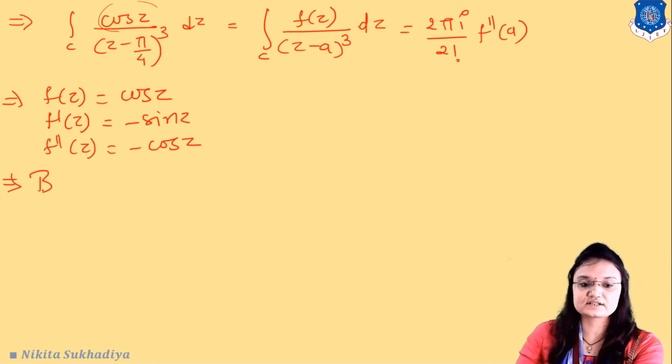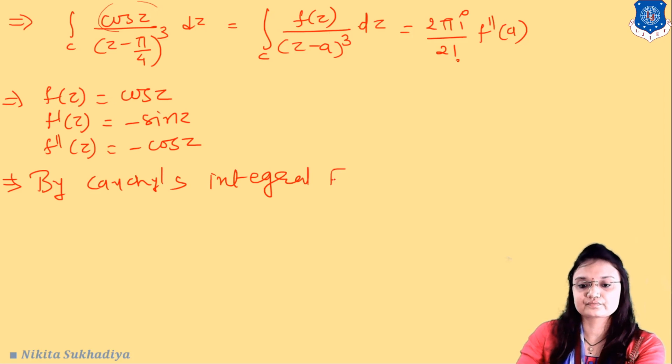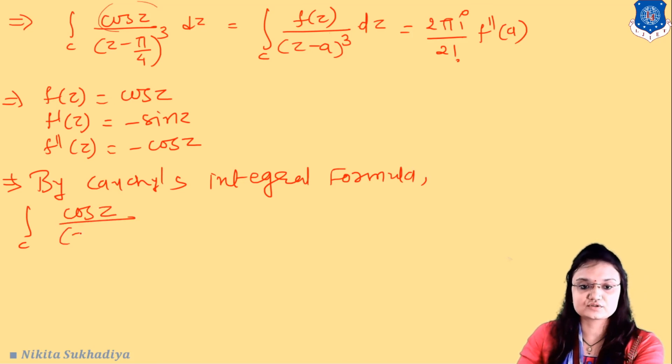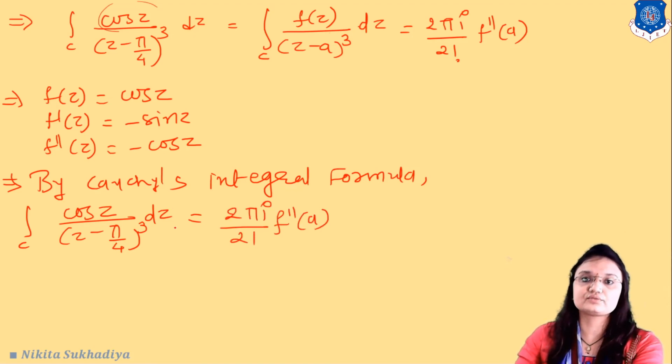Okay, so now we can say that by Cauchy's integral formula, for the integral over C of cos z upon (z - π/4) raised to the whole cube dz, this will become 2πi upon 2 factorial, and here f''(a).